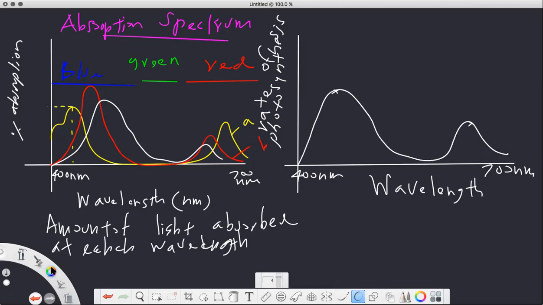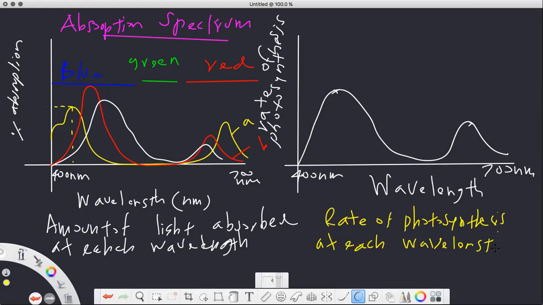So we can write it: rate of photosynthesis at each wavelength, and this is called the action spectrum.